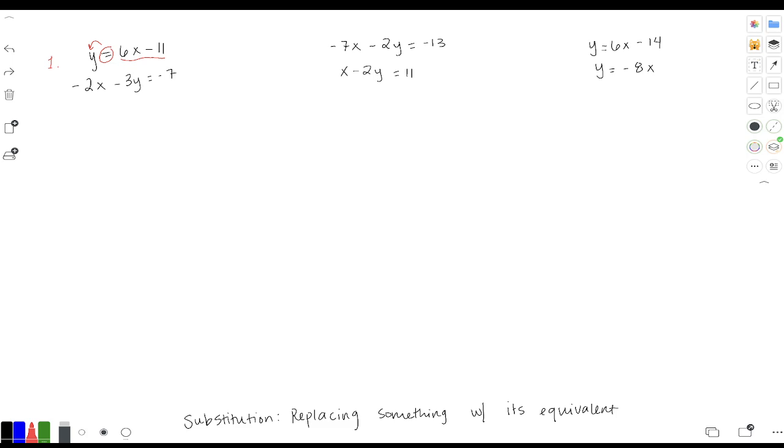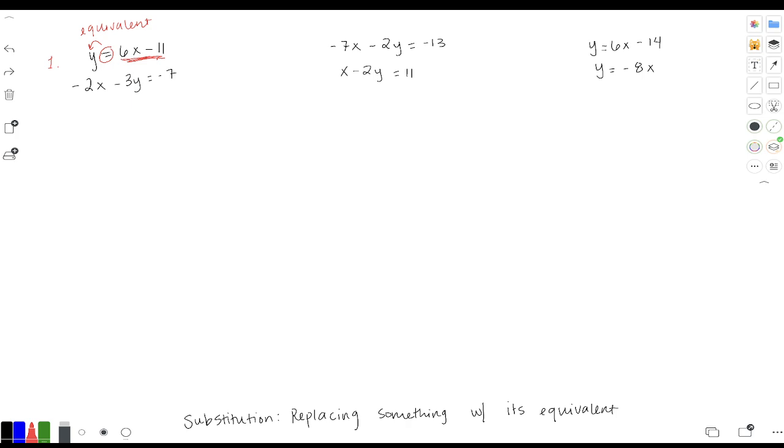Okay? These are equivalent to each other. Okay? That's what that equal sign means. It means that they are equivalent. Okay? So that means that anywhere that we see a y, anywhere in the system of equations, we know that 6x minus 11 is going to be an adequate replacement. They are going to have the same value.